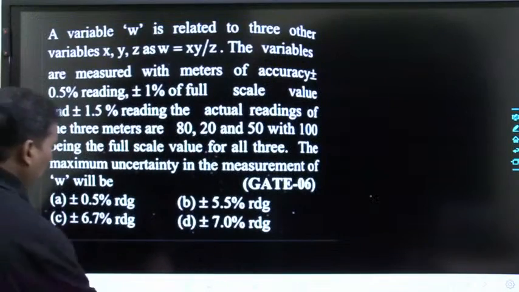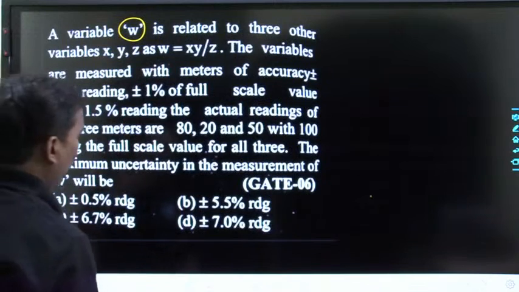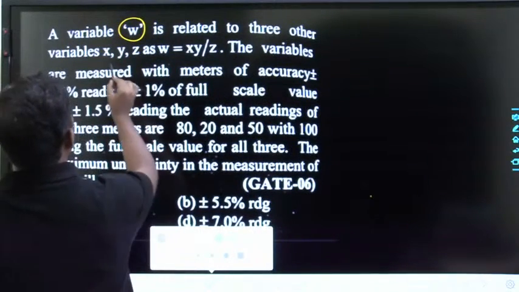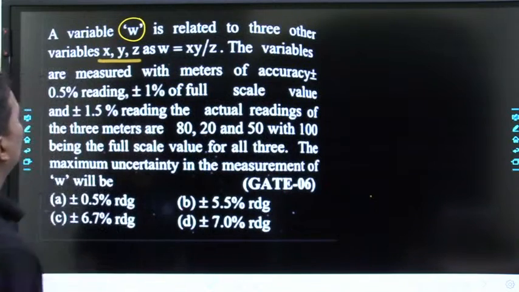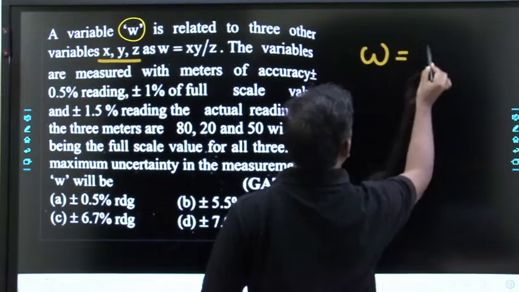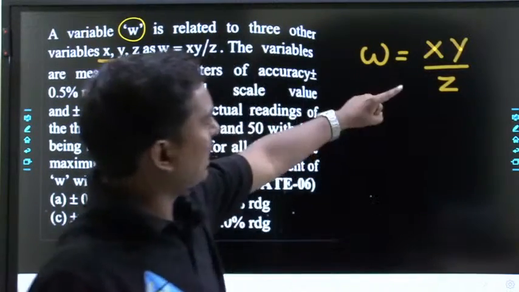A variable W is related to three other variables x, y, z. It has the relation W is equal to xy by z. Now this is fine. It can be simple. That is xy by z.